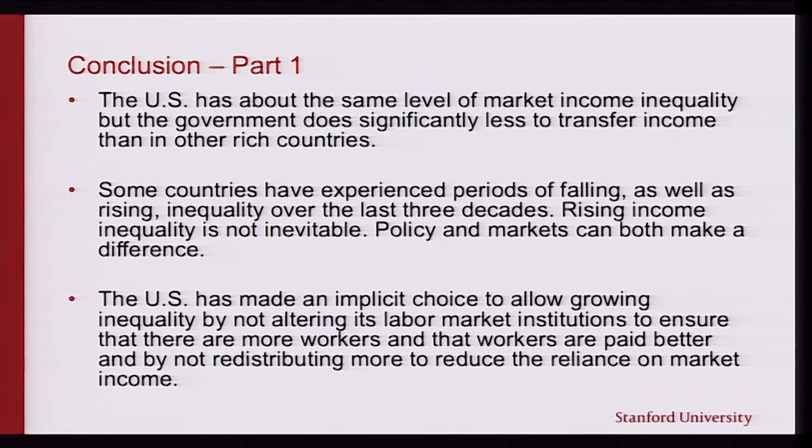Then, some countries have experienced periods of falling inequality. So it's not a fact of life that inequality is going up. Inequality could go down with more explicit government involvement. So we'll say that the US has made either an explicit or at least an implicit choice to allow increasing inequality, either by not altering its labor market institutions or by not redistributing more toward low-income households.